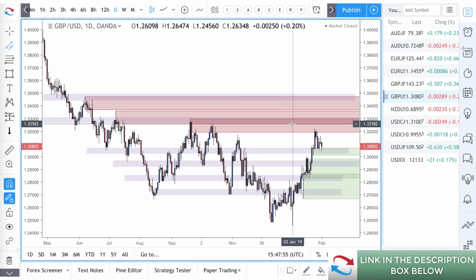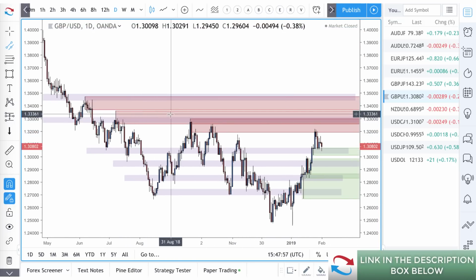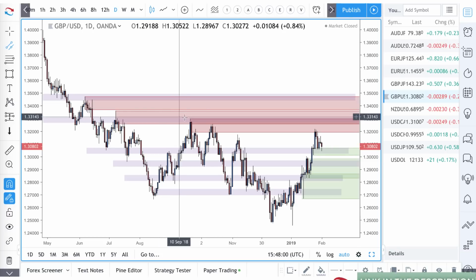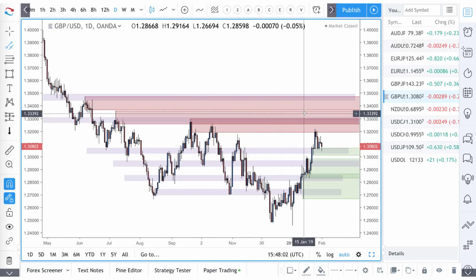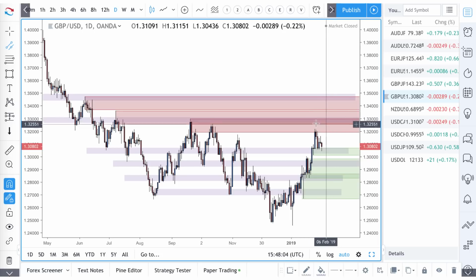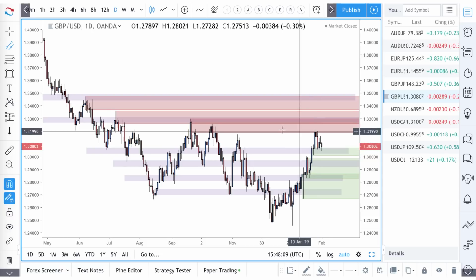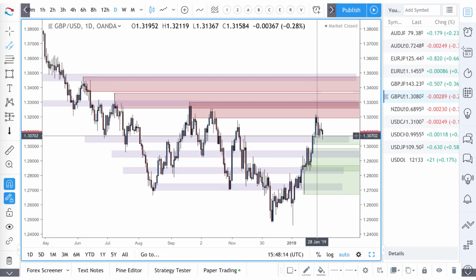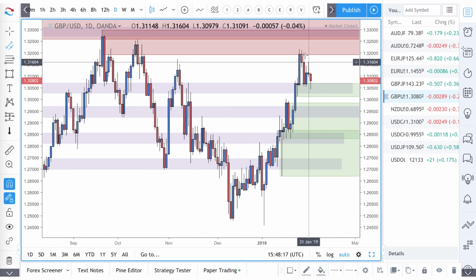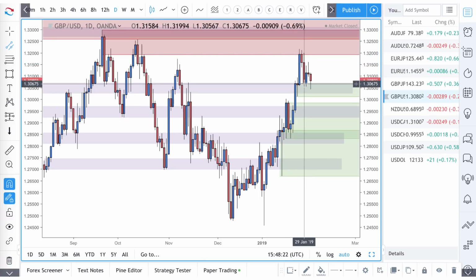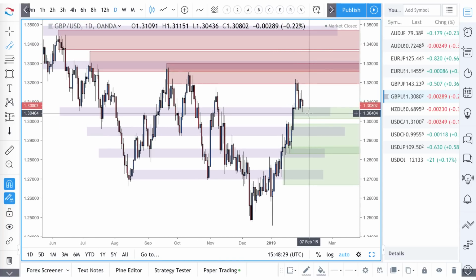All right, so probably this area above maybe the 1.33 level, anywhere above that would be more of an optimum area, if you want to call it optimum, but it's a better, fresher level of supply. But this supply zone has been touched several times, so if you did get in, I would say try and manage your risk, and keep an eye on the fundamentals and what is happening news-wise surrounding Brexit and dollar news.